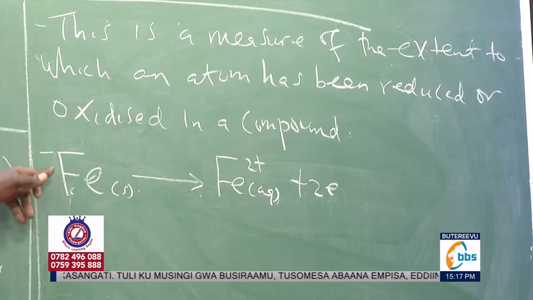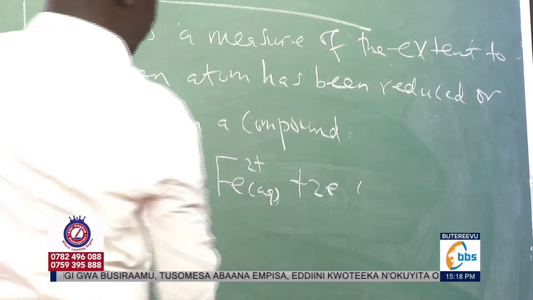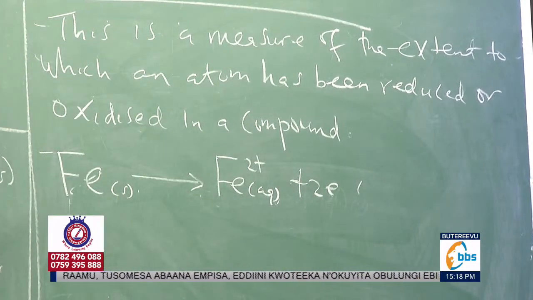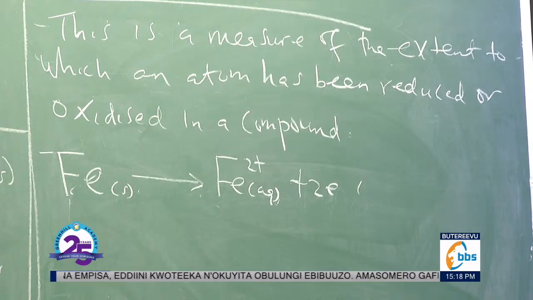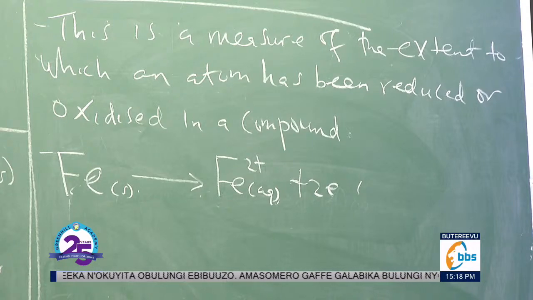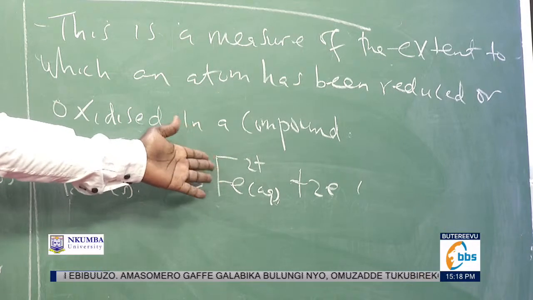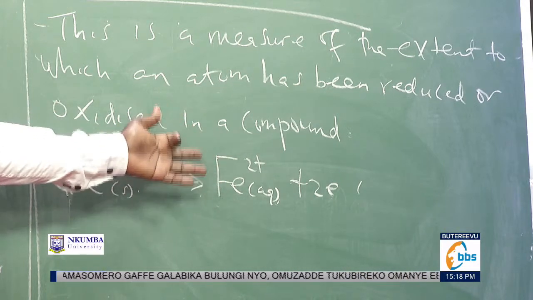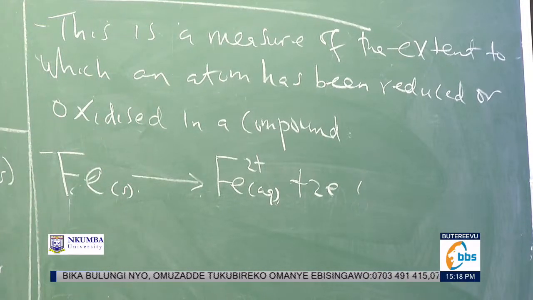Implying that the oxidation number for iron in this case is positive 2. That is the measure of the extent to which an atom has been reduced or oxidized in a compound. So in this case, the extent to which iron has been oxidized is positive 2, implying that iron has an oxidation number in this case of positive 2.